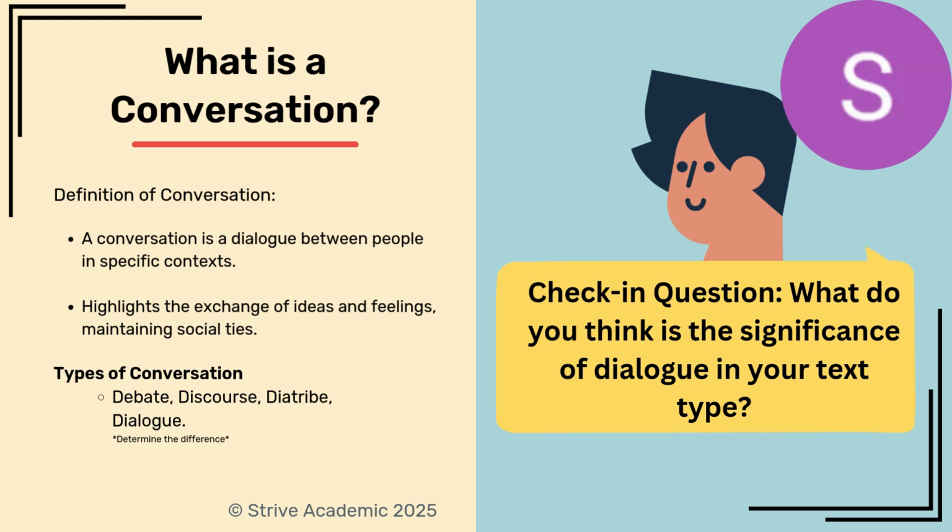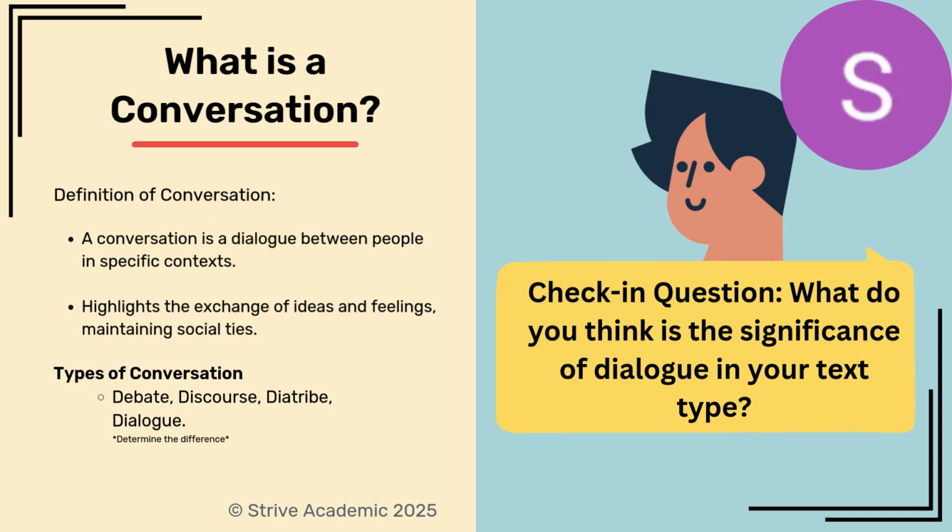Now, ultimately, what it is at a basic level is the exchange of ideas and feelings. Okay, so when we converse, we're exchanging ideas, we're exchanging feelings, thoughts, notions, perspectives, aspects, and conversation is essential for our sense of being. It's how we maintain social ties and how we maintain our sense of humanity.